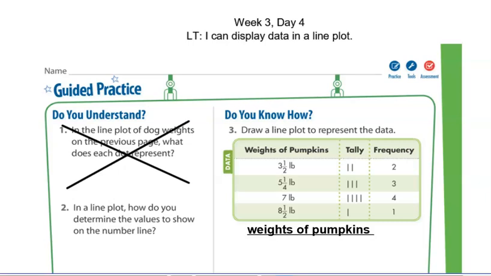Numerical means numbers, so number-collected information. It's also a great way to analyze how data is distributed, or the frequency that a piece of numerical data takes place. So today our learning target is: I can display data in a line plot.